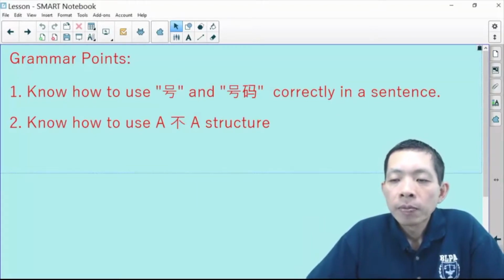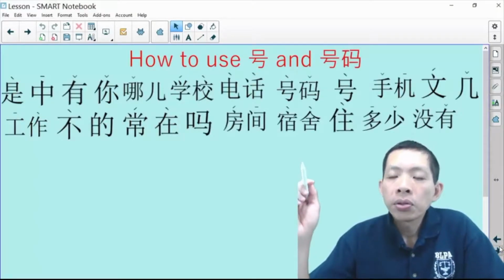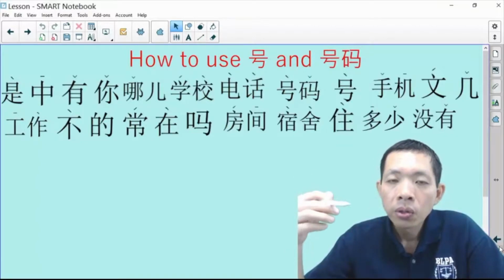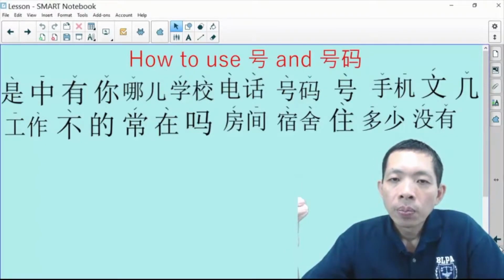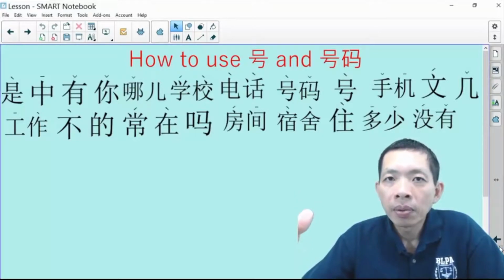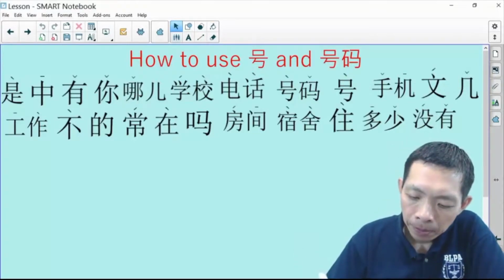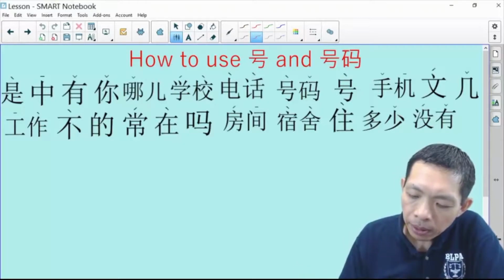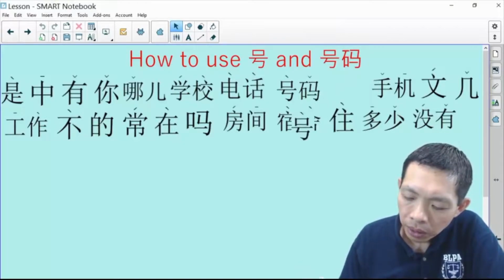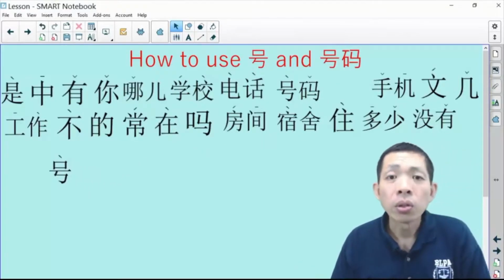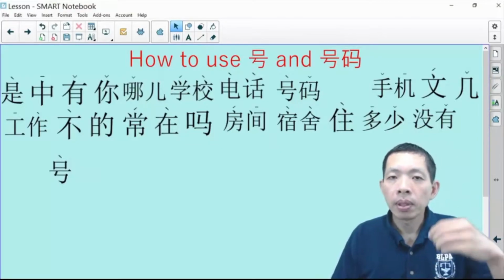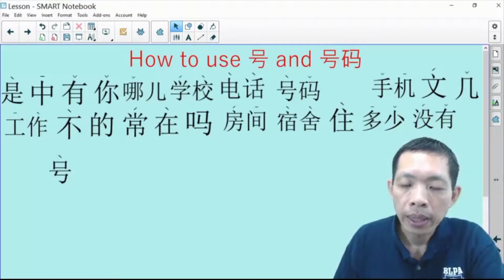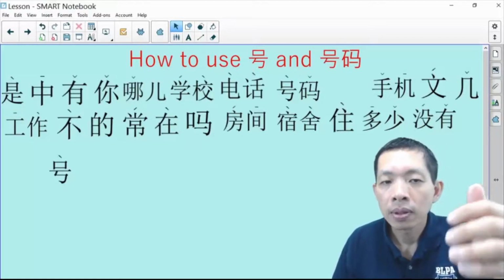grammar point: how to use 号 and 号码. As you know, we previously used 号 and 号码 that both mean number in English, but they are used differently. 号, as you know, is only used with a number, like number 4. 4号, 3号.